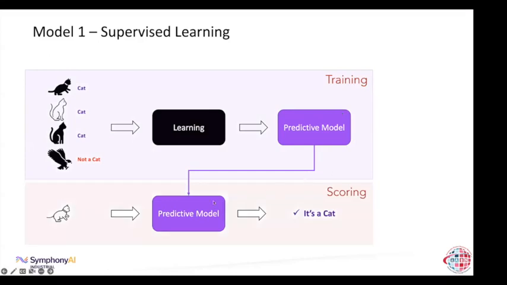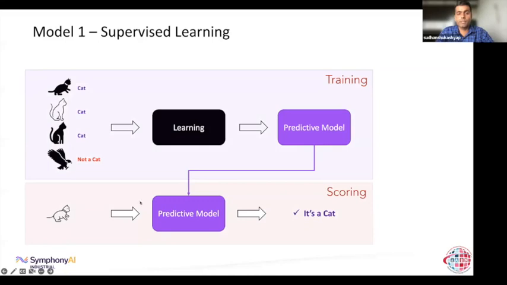The second part, where we are inferring, giving a new image and asking it to recognize whether it is a cat or not a cat, is also called scoring, testing, or inference making. So these are the synonymous names you'll hear.